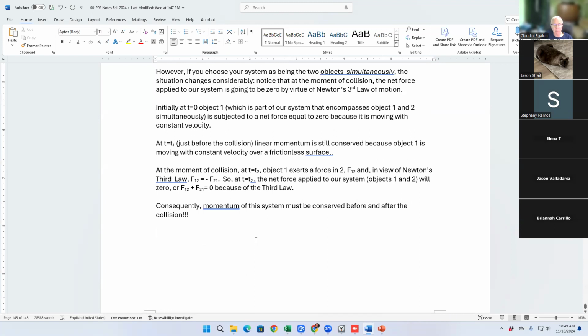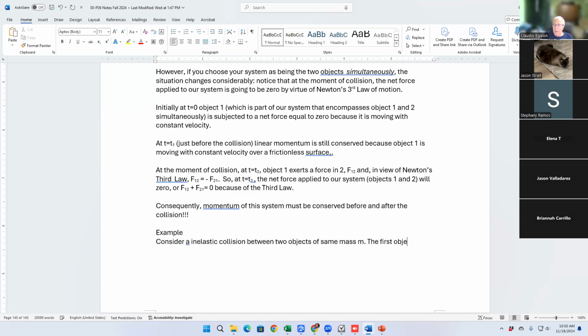So now we are going to come up with an example. Consider an inelastic collision between two objects of the same mass m.